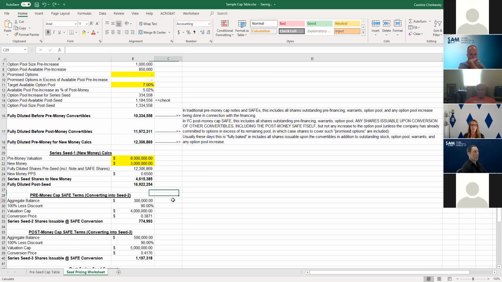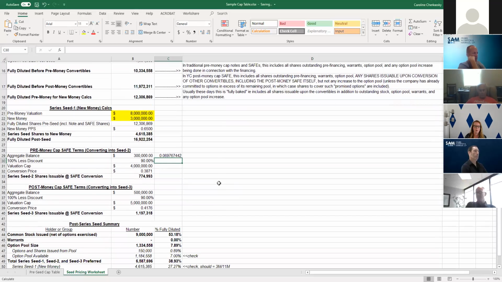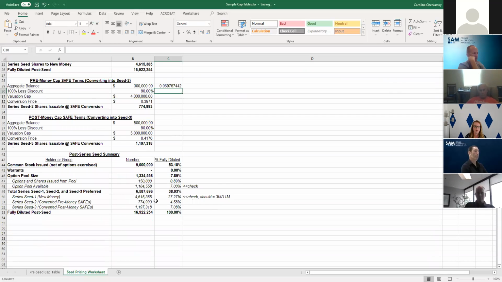Yeah, you're saying if this were like a pre-money, you'd have 3 divided by 43, approximately 7.5%. Whereas instead the pre-money safes end up holding 4.5%.